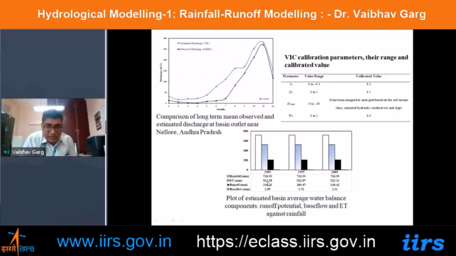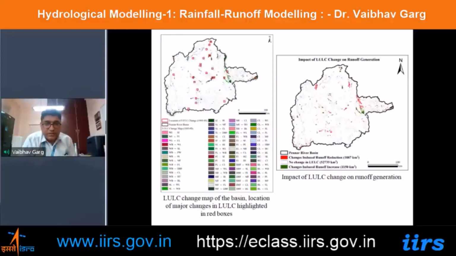Then we have found that from 1985 to 2005 there is not much change in the runoff at the basin scale. But hotspot areas of land use land cover change were identified. This is the land use land cover change map, and these are the hotspot areas where the land use change has taken place in the basin.